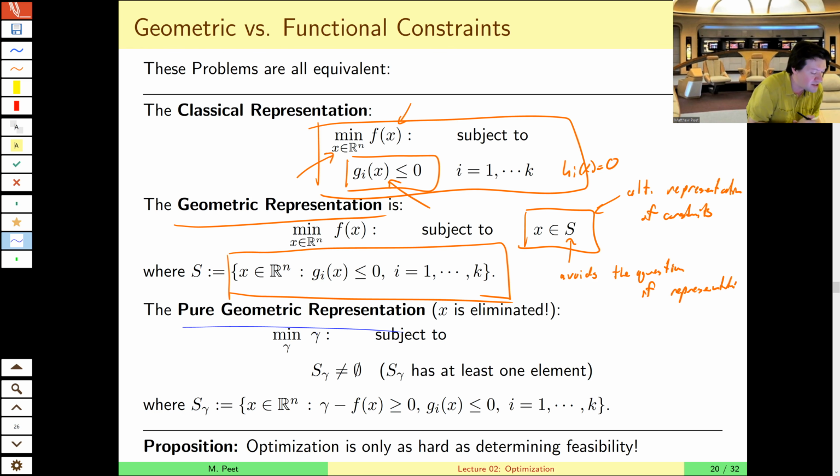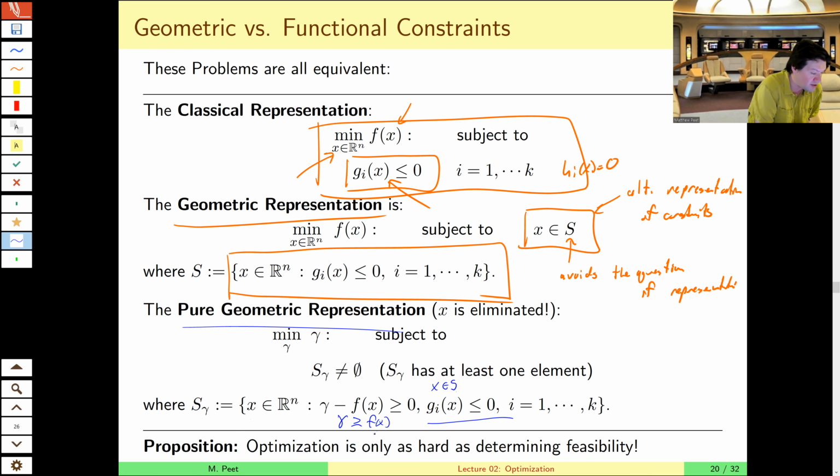By instead just minimizing this gamma, subject to the constraint that gamma is greater than or equal to f of x for some point in the set. There exists an x such that gamma is greater than f of x, and x is in S. So we want to find the smallest gamma such that there exists an x in the set such that gamma is greater than f of x.